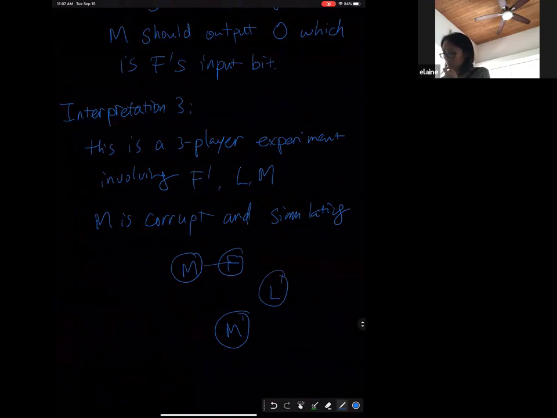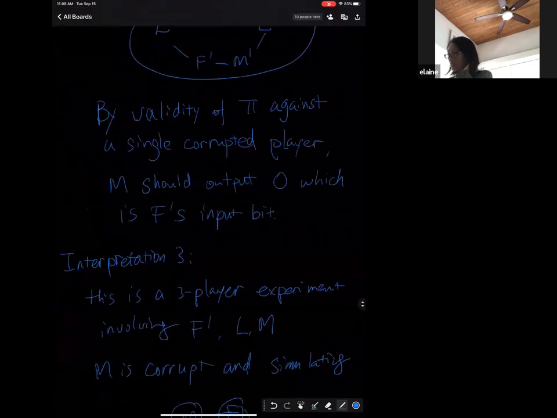So in interpretation 3, you're also assuming that F prime is the designated sender and its value is 1. Yeah, it's the same experiment.